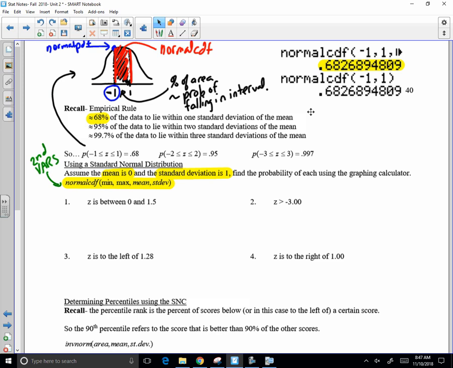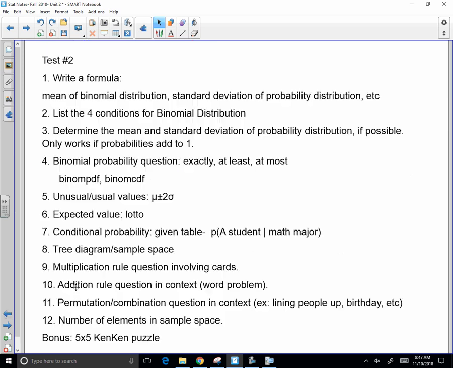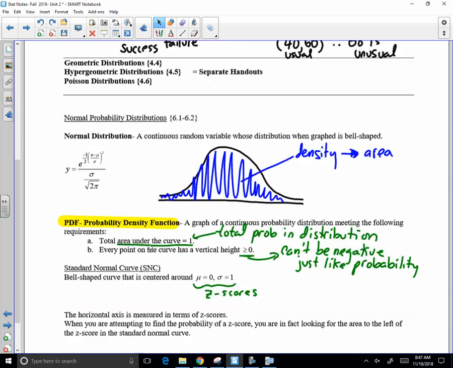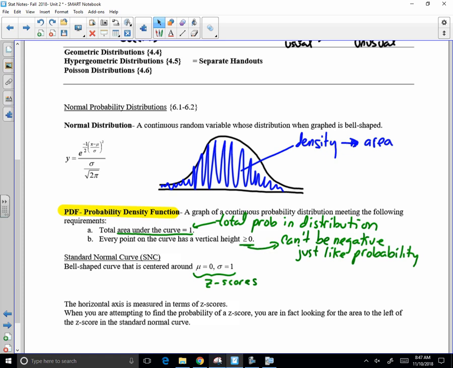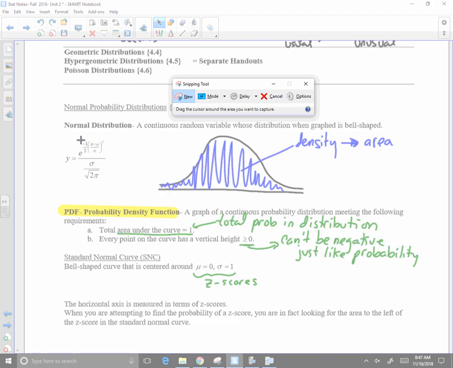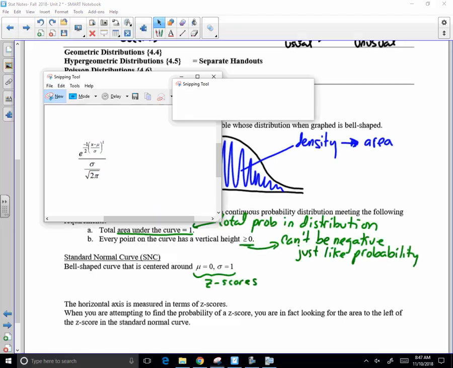So from a to b of -1 to 1, using the mean and standard deviation of 0 and 1. So it plugs in those numbers, and then it finds the antiderivative. If you don't have any experience in calc, what this would look like is not going to be overly meaningful for you.